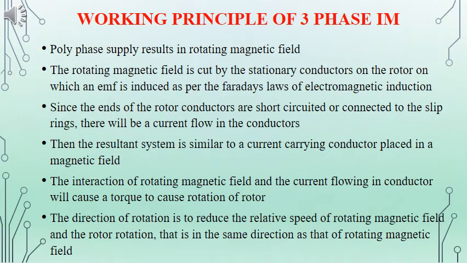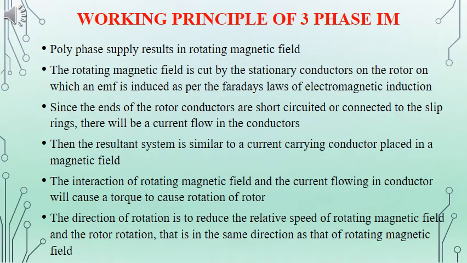The rotating magnetic field is rotating with a speed of Ns, that is synchronous speed, and the rotor conductors are at standstill condition. So to oppose the very cause of production of induced EMF means to reduce the relative velocity between the rotating magnetic field and the rotor.